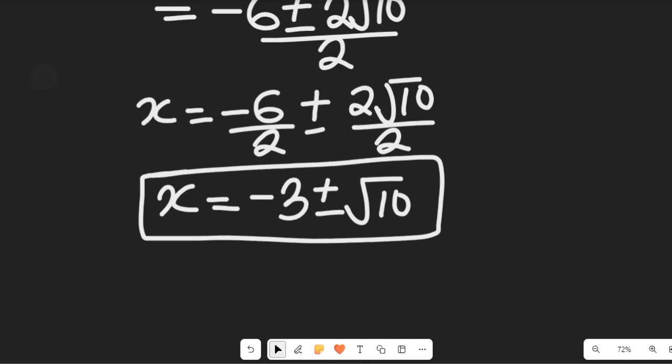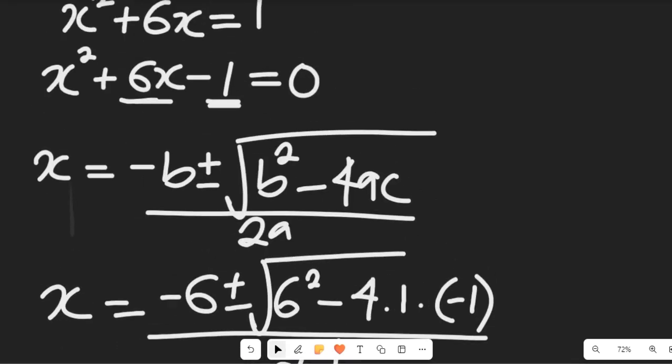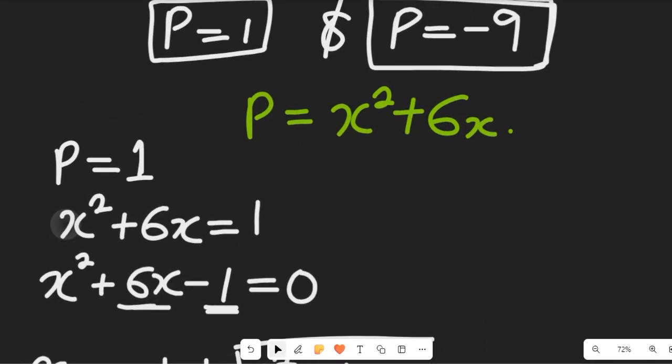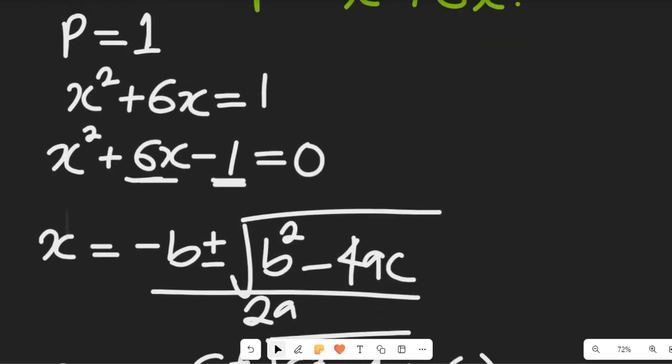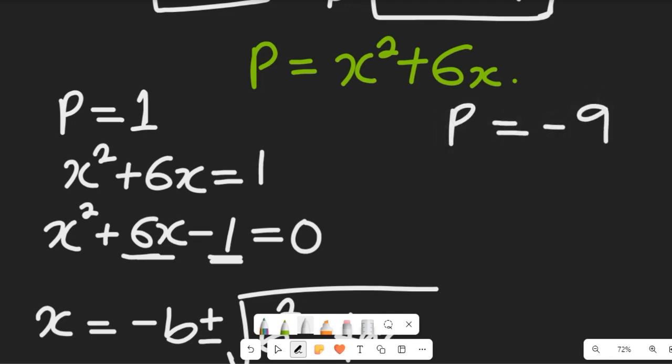Now let's consider the other part of the solution to p. From the value we got, our p is also equal to negative 9, right? So we're going to look at, if p is equal to negative 9, then our x squared plus 6x will be equal to 9, right?